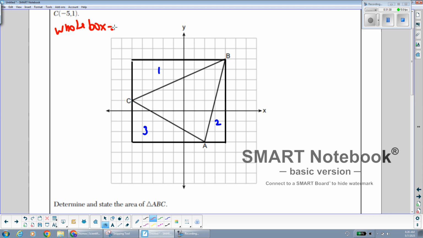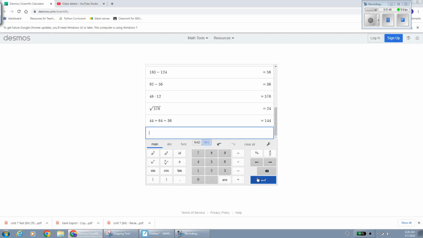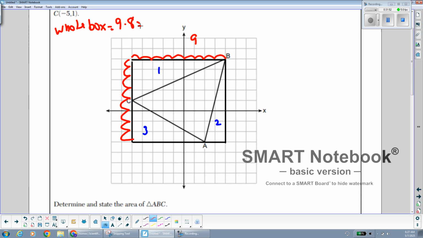Let me count. 1, 2, 3, 4, 5, 6, 7, 8, 9. And 1, 2, 3, 4, 5, 6, 7, 8. So that's 9 times 8, which is 72. So the area of the whole box is 72.